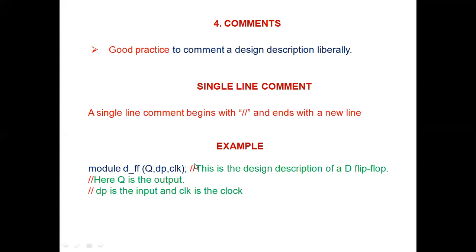Here the comment starts with a double slash: this is the design description of a D flip-flop. It ends with a new line. Next line, again a double slash: Q is the output. Next line, double slash: DP is the input, and CLK is the clock.